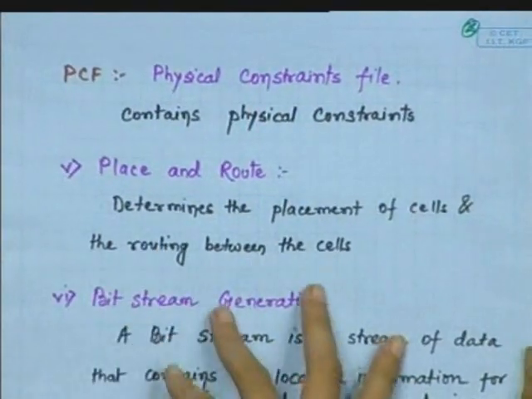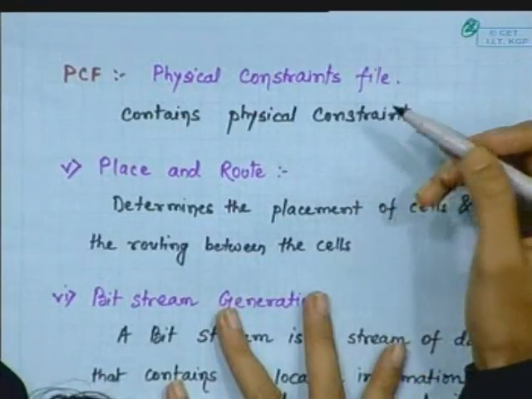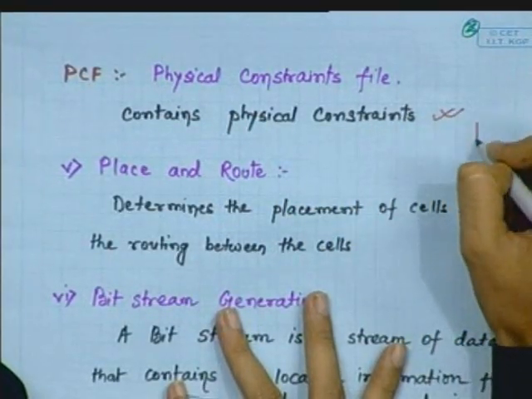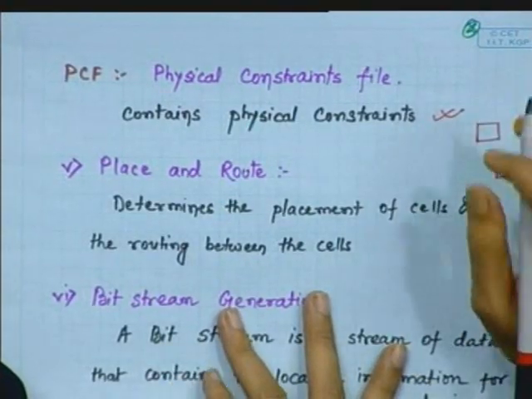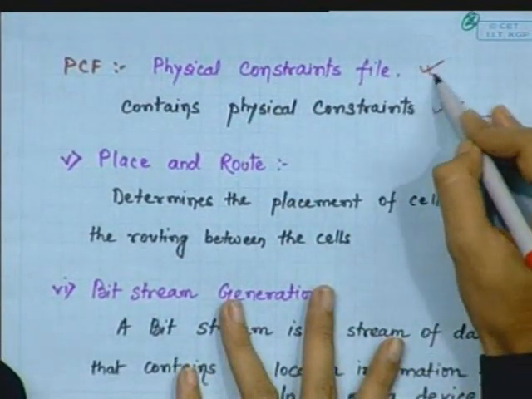Now mapping generates the NCD file and the PCF file, that is the physical constraint file. As the name says, it contains the physical constraints. Meaning these CLBs can be used, these CLBs cannot be used, it will increase the delay. All those constraints are stored in the physical constraint file.